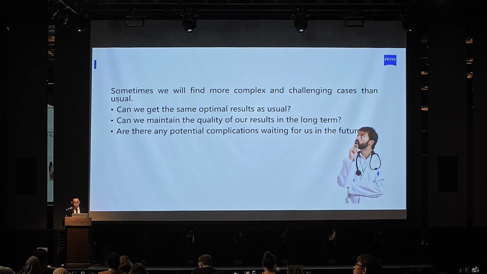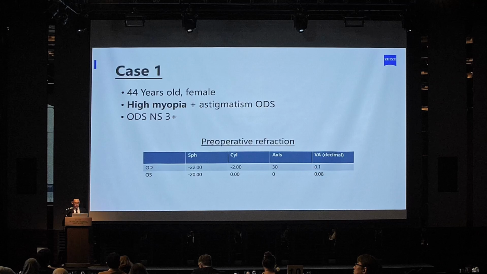So I will share two cases today. The first case is a 44-year-old female with high myopia and moderate to high astigmatism with cataract nuclear sclerosis grade 3, with pre-op visual acuity for the right eye of 0.1 with minus 22 cylinder 2, and 0.08 with minus 20 for the left eye.